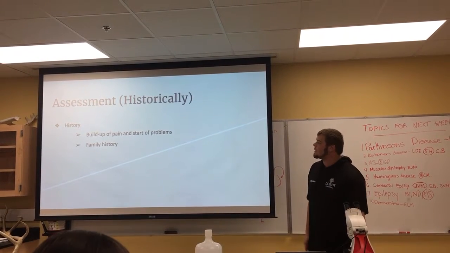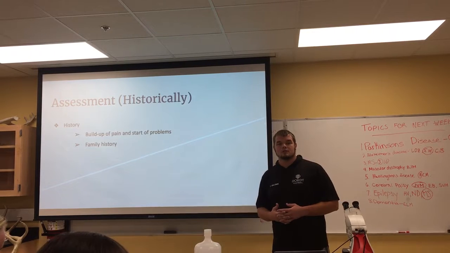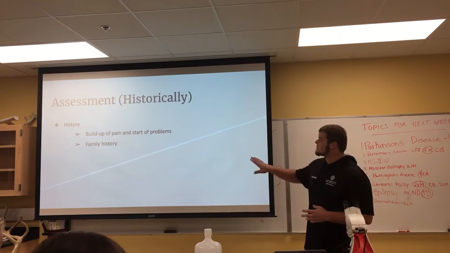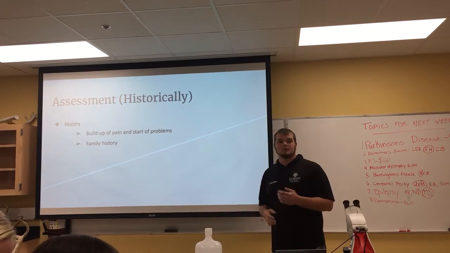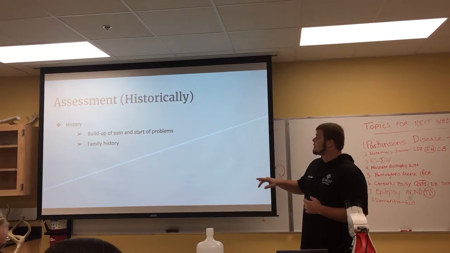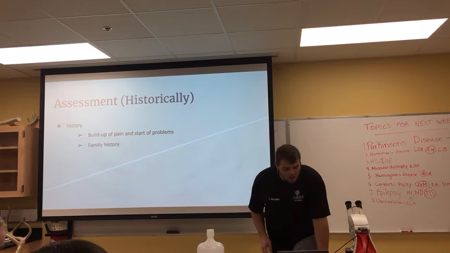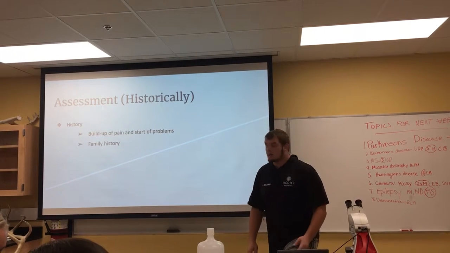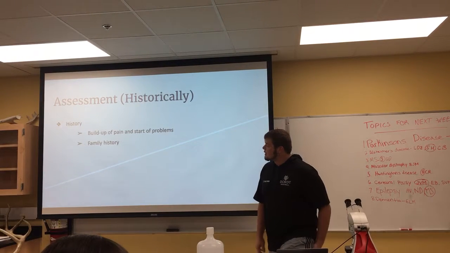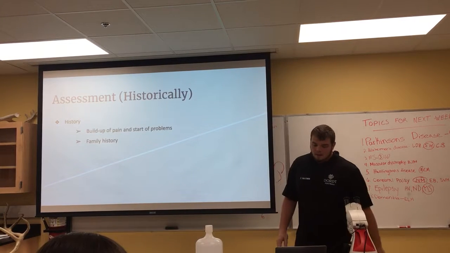Historically, when they come in, we're going to ask them a lot of questions. The first question I would probably ask is, when did this start and what are you experiencing when you have pain? The buildup of pain starts all sorts of problems. So if you're talking about walking, you're going to see it in your knees and your ankles and all that stuff. You also want to talk about the family history.